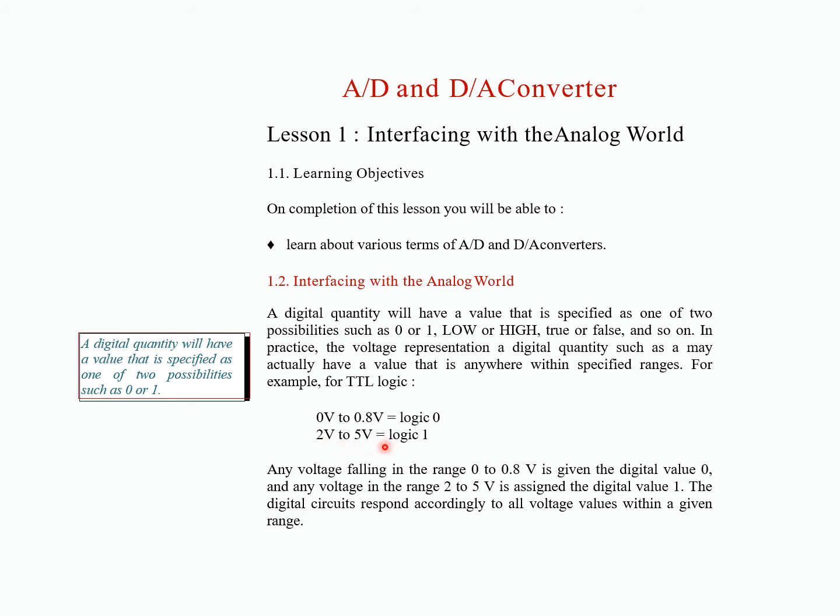So any voltage falling in the range 0 to 0.8 volt is given the digital value 0, and any voltage in the range of 2 to 5 volt is assigned the digital value 1. So the digital circuit responds according to the voltage values within a given range.